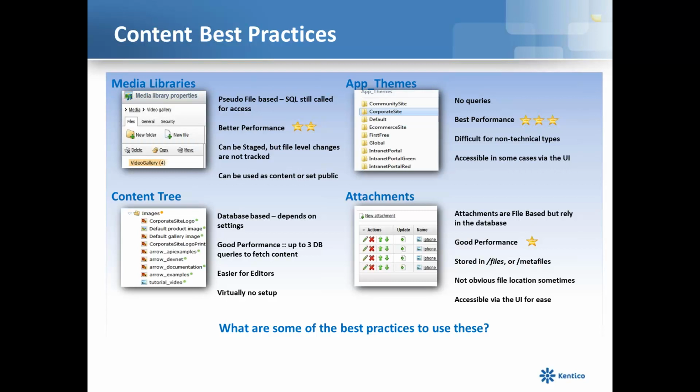The files for attachments are actually stored in there, and that's why they're typically better performance, because they come off the file system. However, because they are tied back to the database, they do generate queries and can create a little bit of performance hit. So they're not too bad, but they're still good performance. They're also accessible by the UI for ease, so unlike app themes, they're really easy to get to.